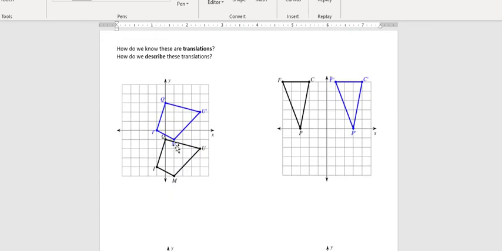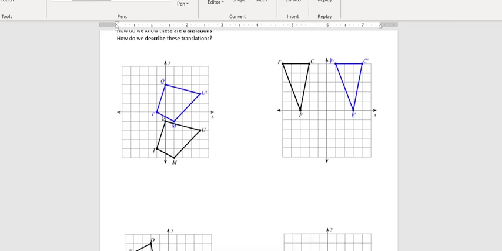So then lastly, once again, we ask ourselves, how do we know these are translations, and how do we describe these translations? And so that's, again, just looking at, when I see these, I see that this here is the original shape because it does not have the prime marks. So I compare this shape to the blue one, and I ask myself those questions. Are these the same shape? Yes, they are. Are they the same size? Yes, they are. Are the letters in the same positions?